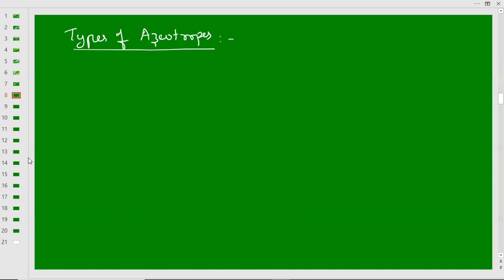In that, one type is azeotropes with maximum vapor pressure and minimum boiling point, that is, minimum boiling azeotropic mixtures.